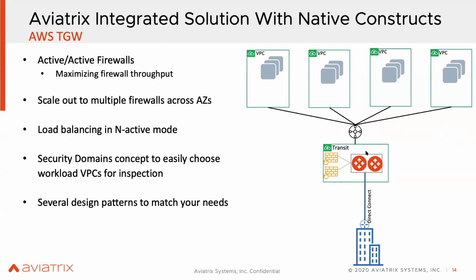So basically, when you are going to deploy this FireNet solution with AWS TGW, you're going to attach this transit VPC to this AWS TGW, and then obviously these VPCs are attached to this TGW as well.